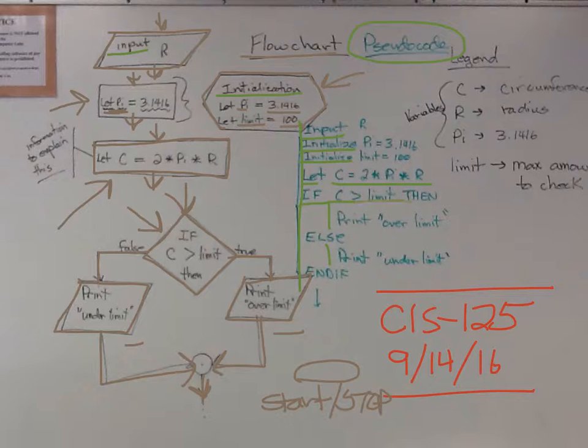And here we have a conditional. If C is greater than the limit, and the limit is in the legend, just like pi, radius, circumference, they're all defined in the legend, all those variables. If this is true, we do the part right underneath. If it's false, it skips that and goes down here.